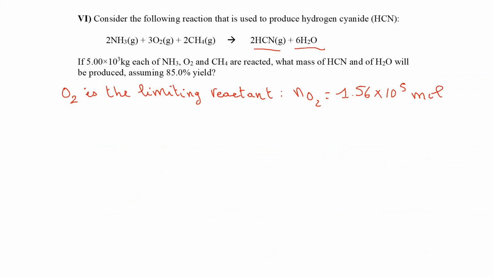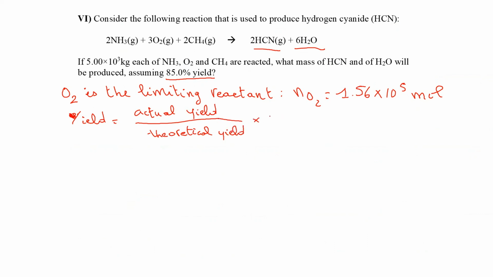So this is what is asked, what mass of hydrogen cyanide and water is produced, but don't forget we have a yield of 85.0. So now let's calculate. Give the expression for the yield. The yield equals actual yield divided by theoretical yield times 100.